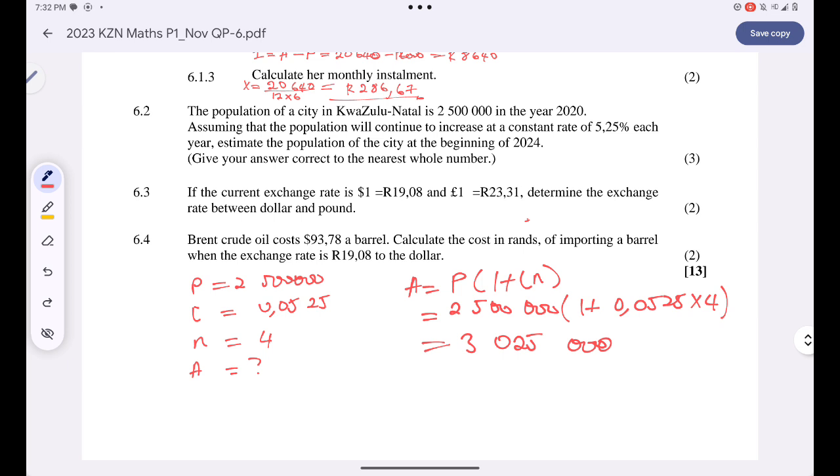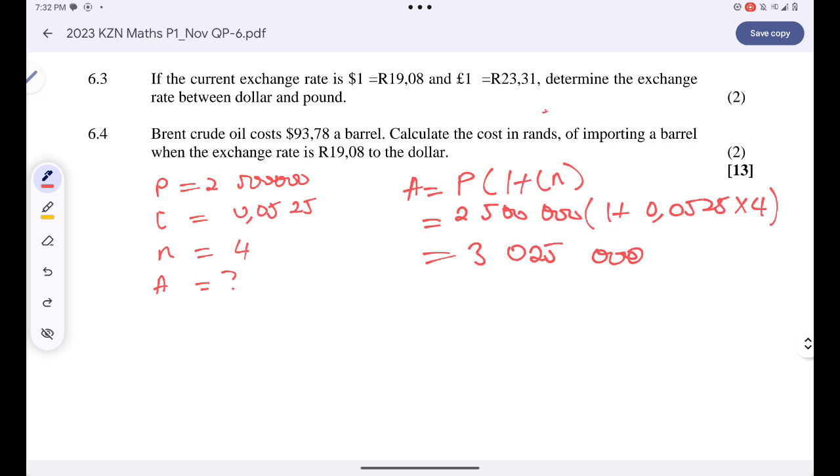If the current exchange rate is 19 rand per dollar and 23 rands per, what's that? Is it a pound or euro? Oh, it's a pound. Determine the exchange rate between the dollar and the pound. How can we do that?